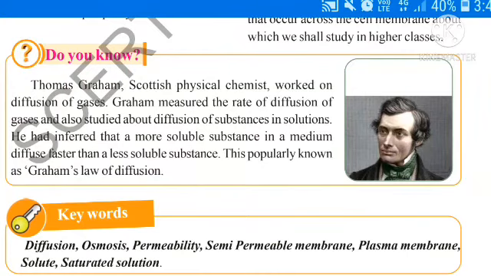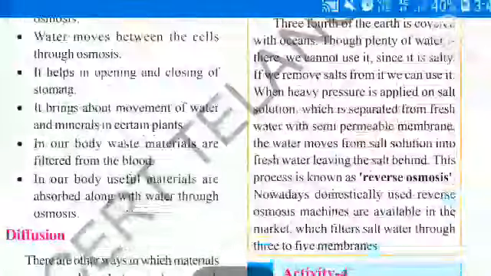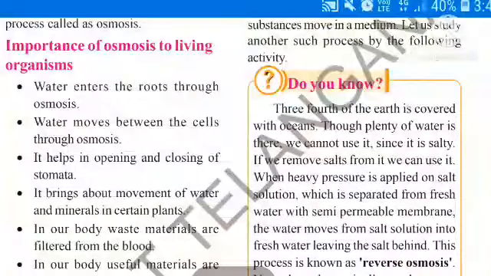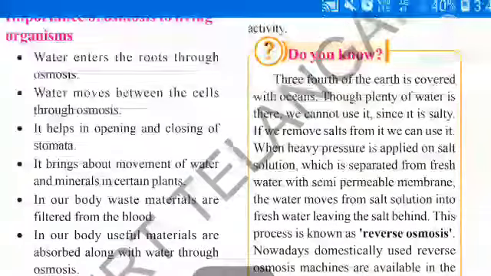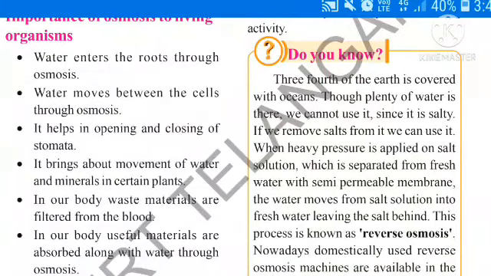See, one important thing is there in our textbook. They have given it in a Do You Know box. Three-fourths of the earth is covered with oceans. We know. Though plenty of water is there, we cannot use it.